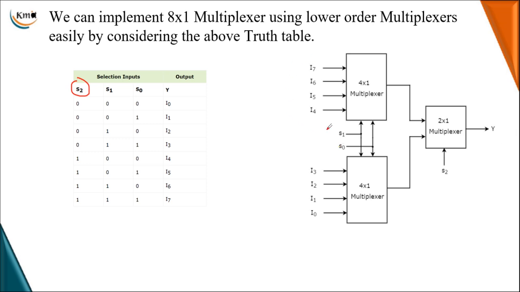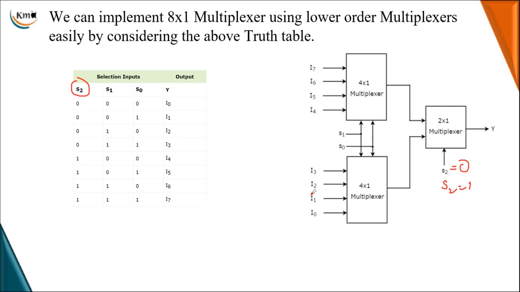Based on S0 and S1, each can select one of its inputs, and S2 selects so that only one output is transferred through the output Y. If S2 is 0, it transfers the lower multiplexer output. If S2 is 1, it transfers the upper 4 by 1 multiplexer output.